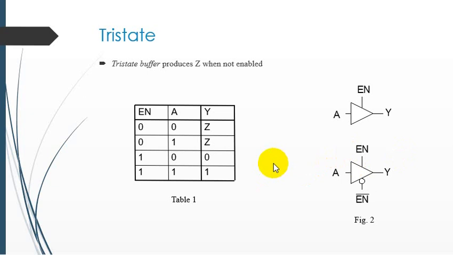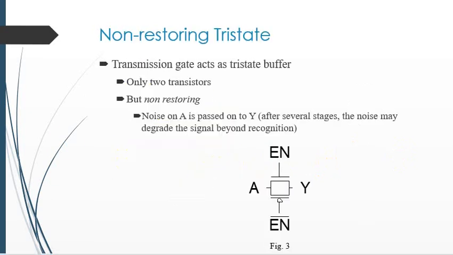So that's the basic function of our tri-state. So what is the non-restoring tri-state? As we have already discussed, it's a non-restoring tri-state in which 2 enables are involved, and if noise occurs on the input side, the noise on the A is passed on to the Y, and after several stages the noise may degrade the signal beyond recognition.